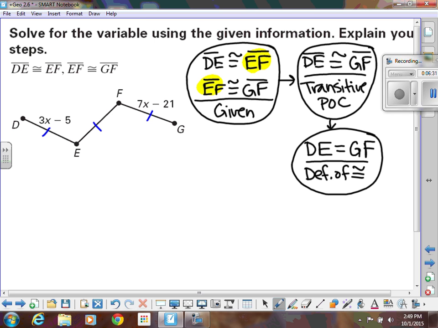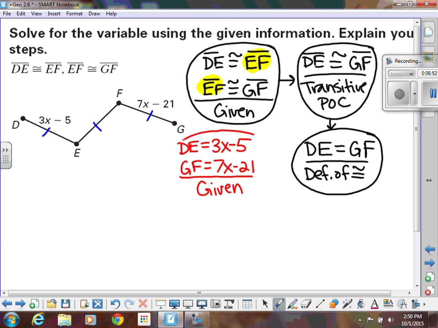All right, now, I also know from my diagram that DE is equal to 3x minus 5, and that GF is equal to 7x minus 21. So I'm going to say that was given, even though it was not listed, it was given in our diagram. Okay, so I'm going to use this red circle and this black circle together to create a new equation.